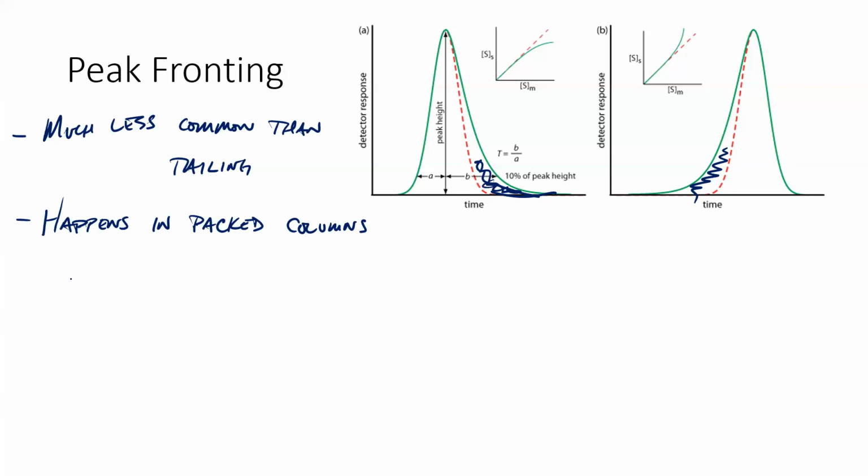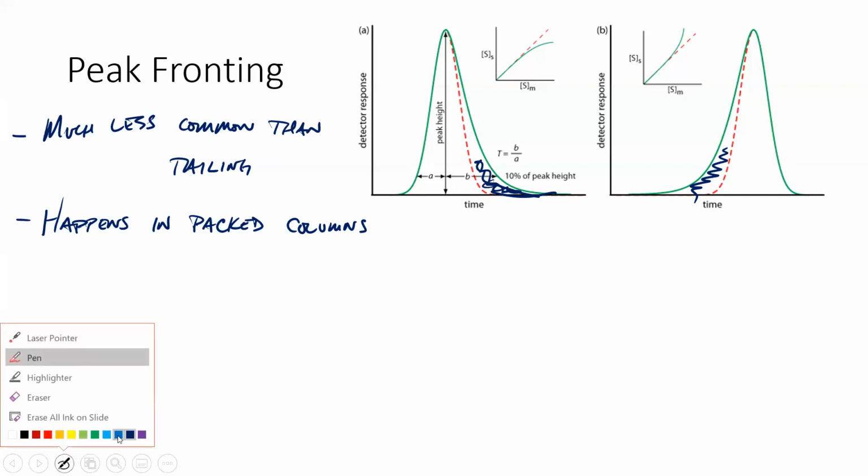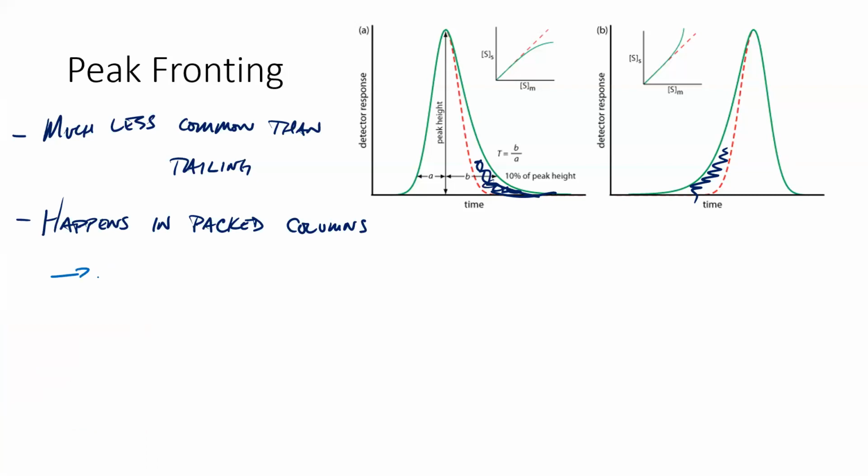And so what happens in your packed columns is that you get these, there's a word for them, but you get these sort of enlarged pathways that have been sort of etched out through the column, and that just happens over time. It just has to do with column age, right? And so you get these larger paths.